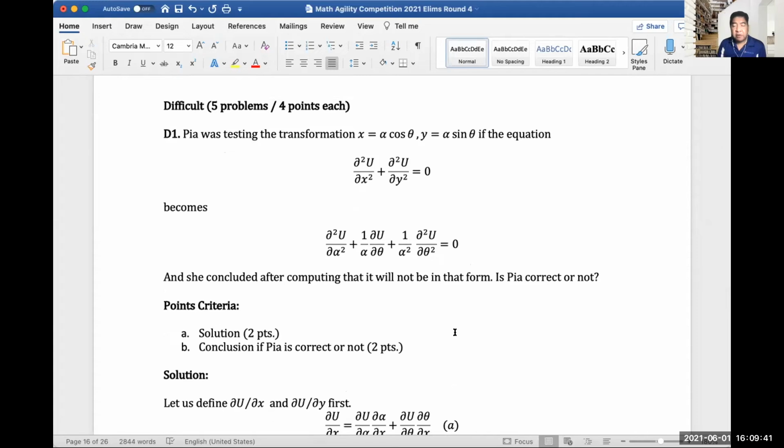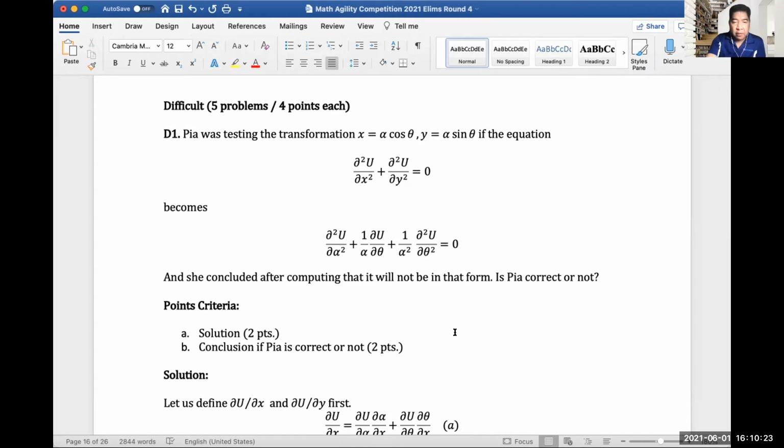If the equation second partial derivative of u over partial derivative of x squared plus second partial derivative of u over the partial derivative of y squared is equal to 0, so will that become second partial derivative of u with respect to alpha plus 1 over alpha partial derivative of u with respect to alpha plus 1 over alpha squared second partial derivative of u with respect to theta is equal to 0? And she concluded that after computing, it will not be in that form. Is Pia correct or not? Is she correct or not?